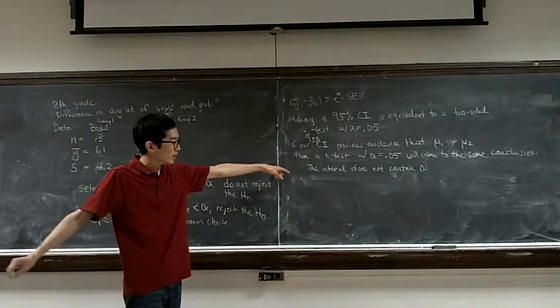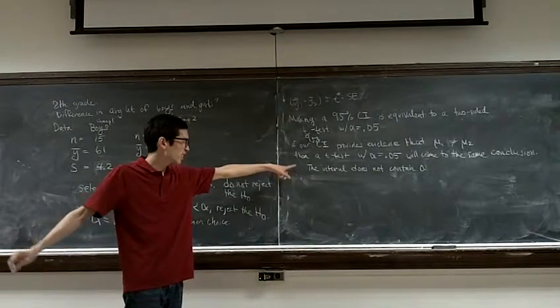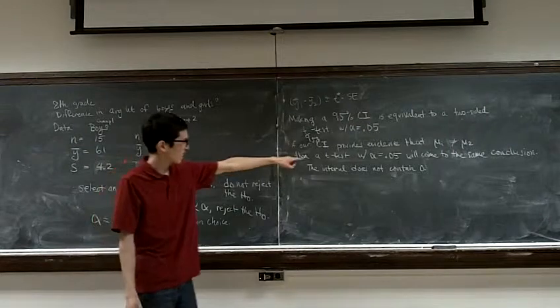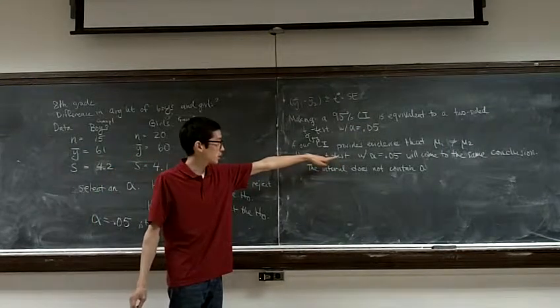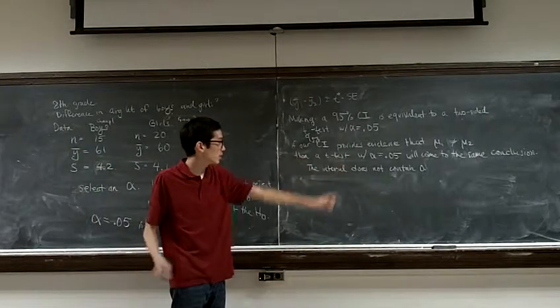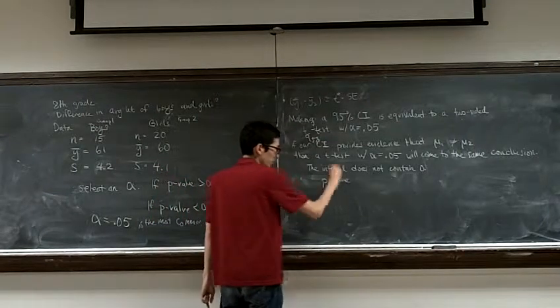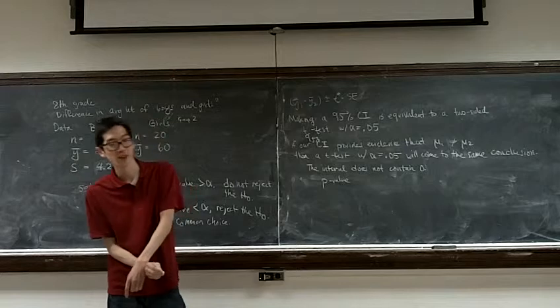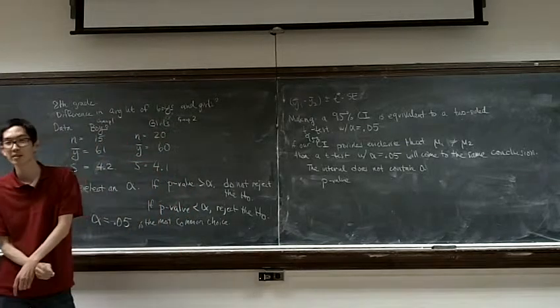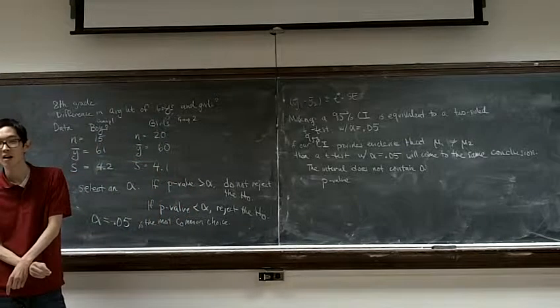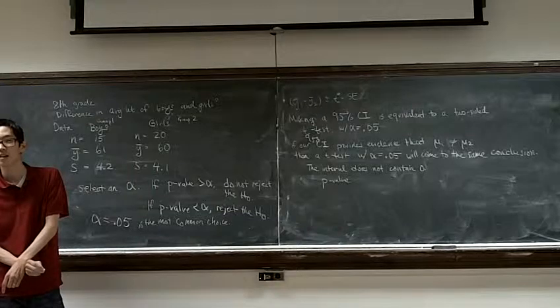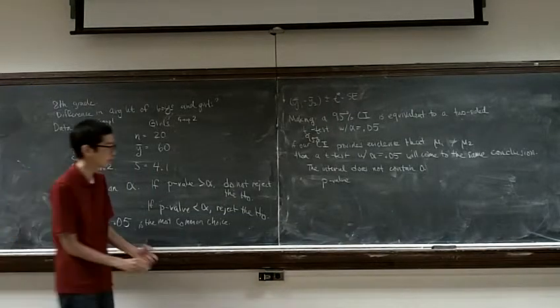So if the confidence interval doesn't contain 0, then for us to come to the same conclusion with alpha, our p-value would be bigger or smaller than alpha? Smaller than alpha, right?